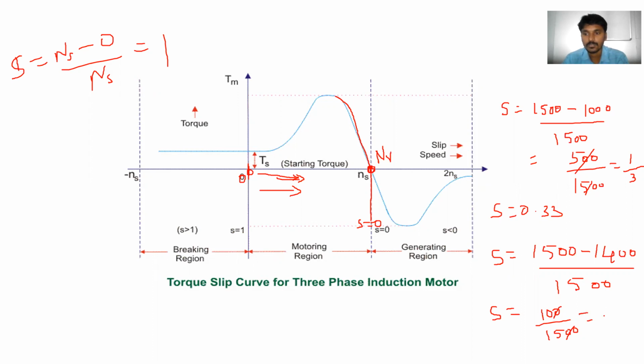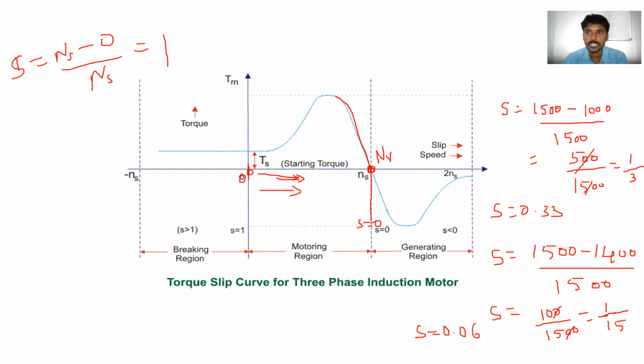1 by 15 is equal to what value? 0.06. So S is equal to 0.06.